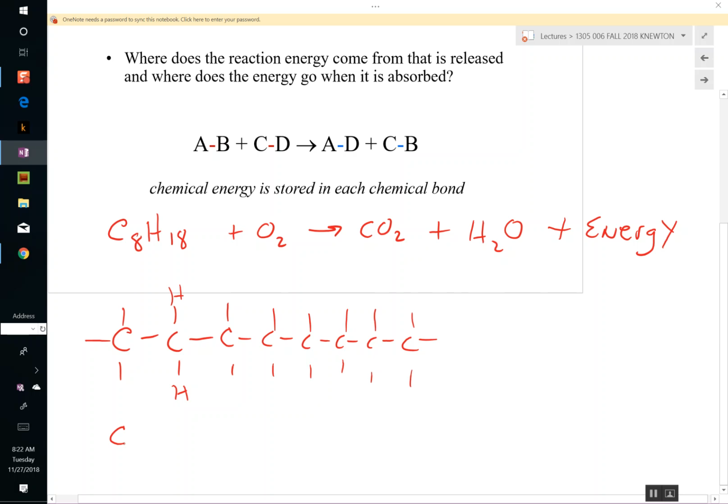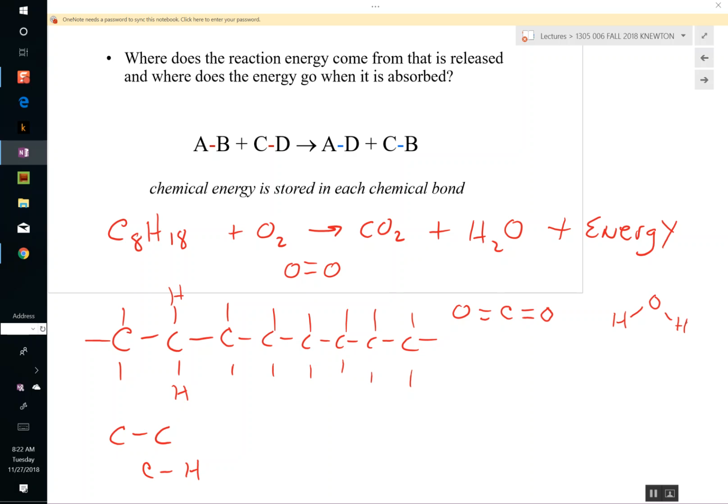So what do we have here? We have carbon-carbon bonds. We have carbon-hydrogen bonds. Here we have oxygen-oxygen bonds. And on this other side, we have carbon-oxygen bonds, and we have hydrogen-oxygen bonds. All right, just to give you an example. We have certain kinds of chemical bonds in our reactants.